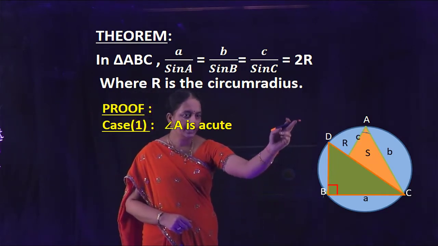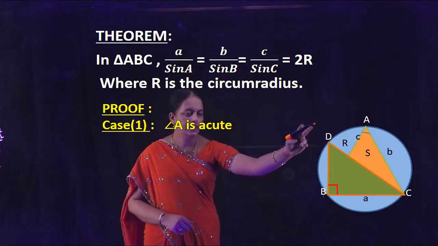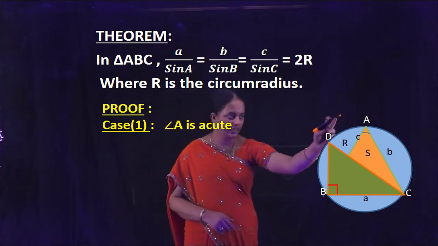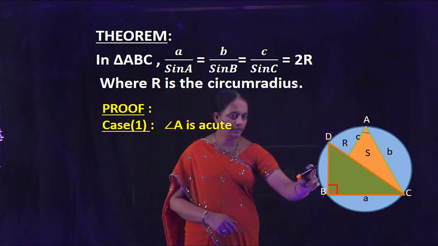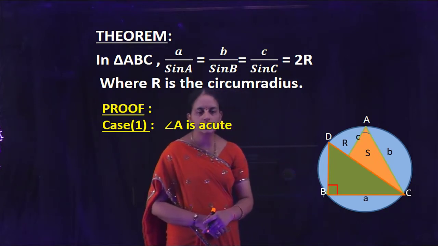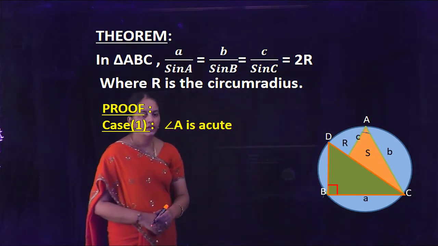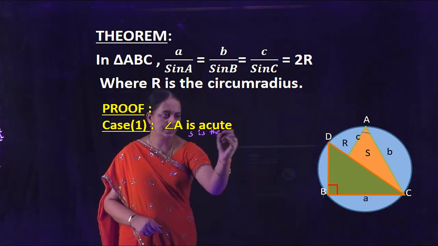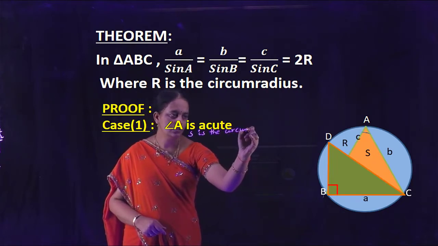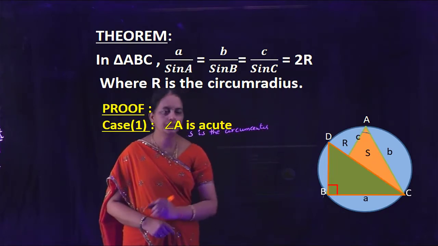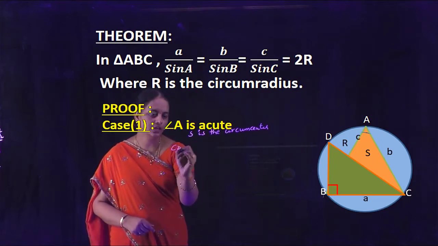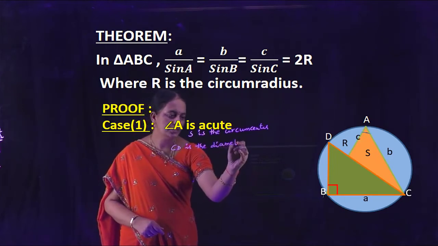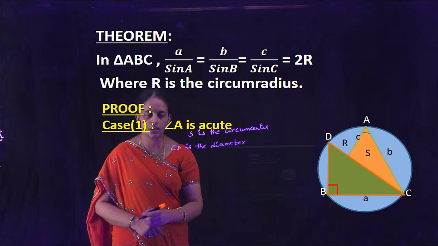From the figure, triangle ABC is an acute angle triangle. S is the circumcenter and CD is the diameter.